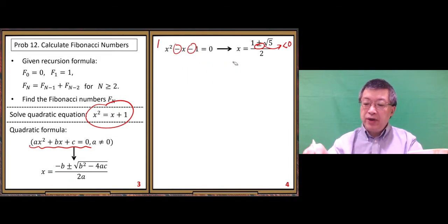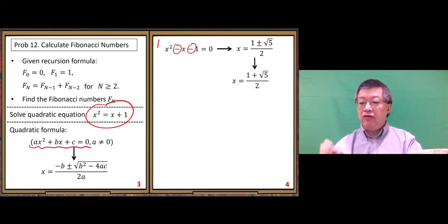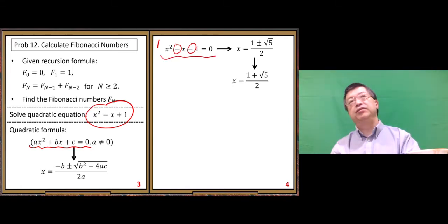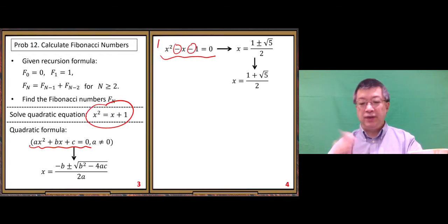After we drop the negative root, we only have one solution left. So this x is the solution of our current equation, the positive solution. We just take the positive solution.